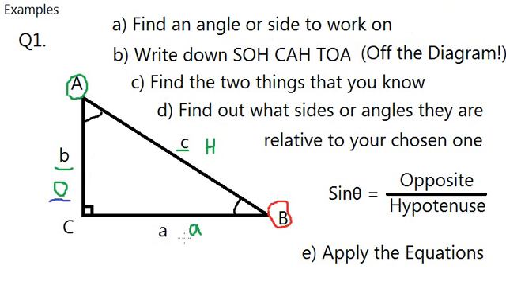The adjacent is not the adjacent either. And so you basically flipped around and messed yourself up. That is most of the trouble that people find, is that when you labeled it, you forget to erase them, so that you get yourself messed up. So yeah, try not to do that.